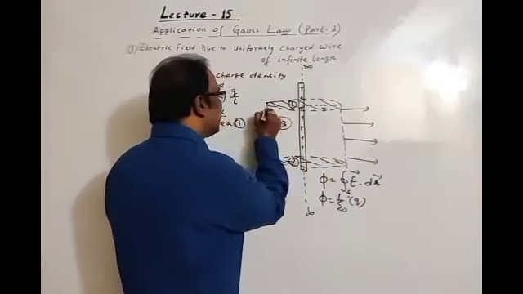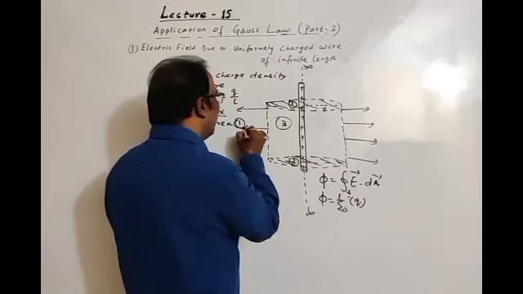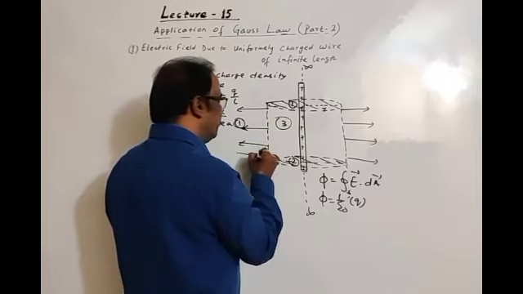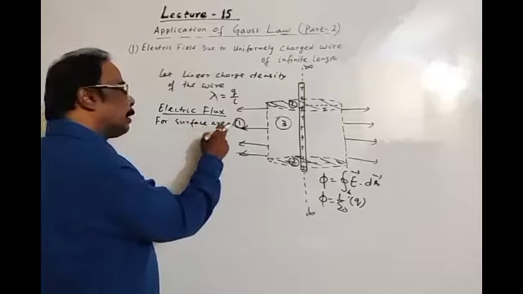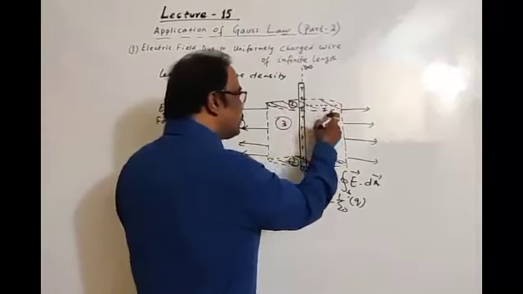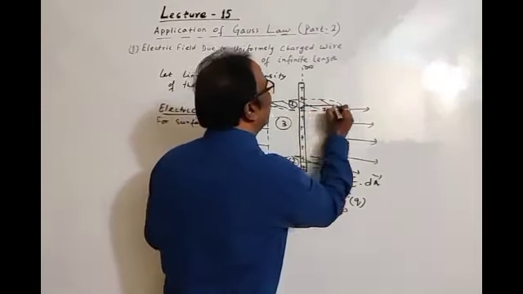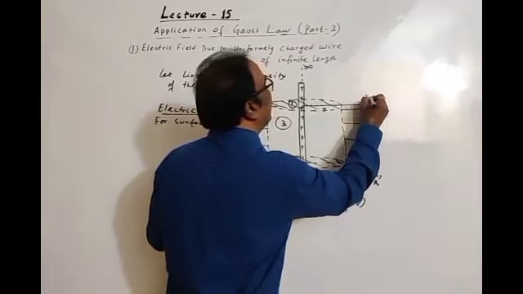For this Gaussian surface, the electric field will be in the outward direction. For surface area 1, this is the direction of the electric field.